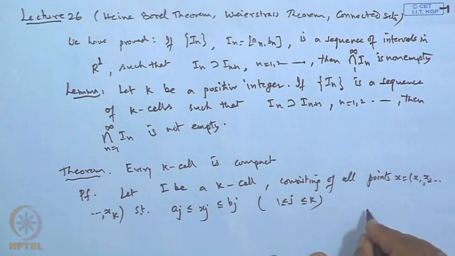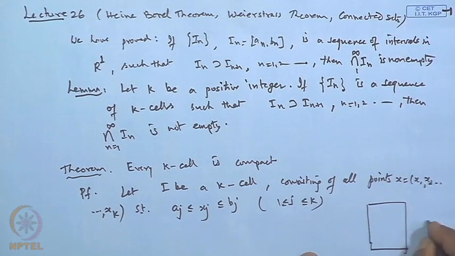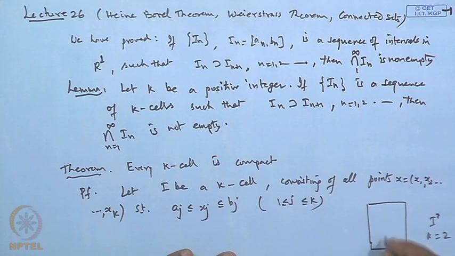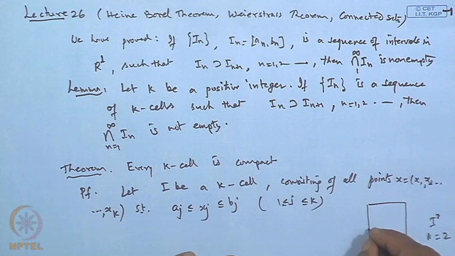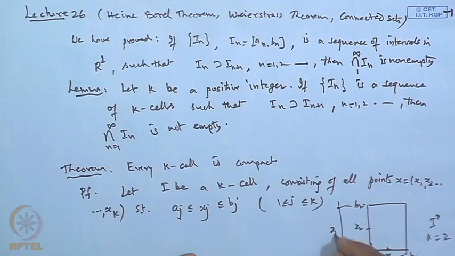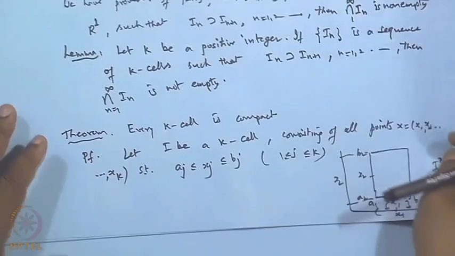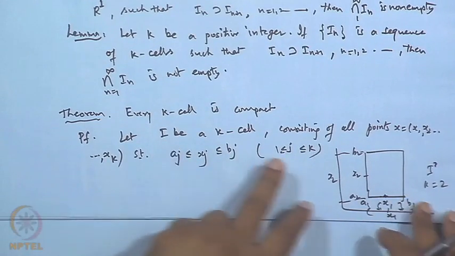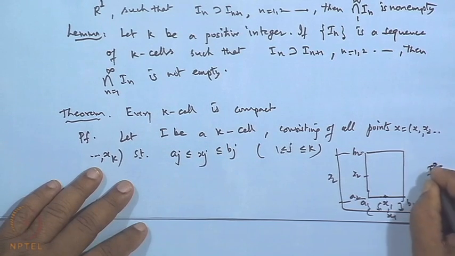Here, take k equal to 2, a 2-cell in R^2, where x_1 varies from a_1 to b_1, while x_2 varies from a_2 to b_2. So, this is a cell in R^2 space.